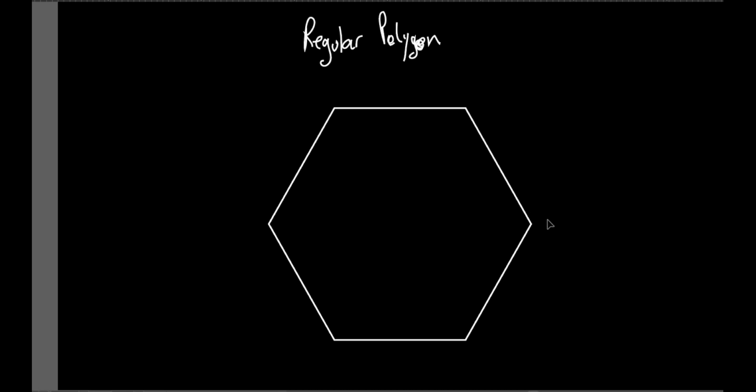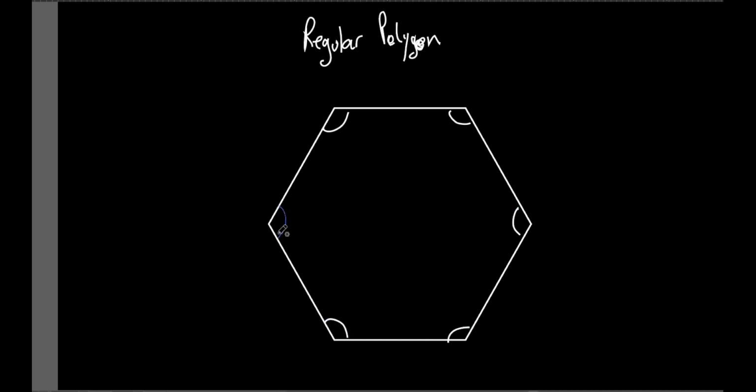What I want us to do is figure something out. I didn't give you any numbers at all, except that there are 6 sides. You can look at it, you can count it, you can see 6 sides, right? Since all the angles are equal to each other, and all the sides are equal to each other as well, I'm not even going to mark those. I'm just worried about the angles right now.